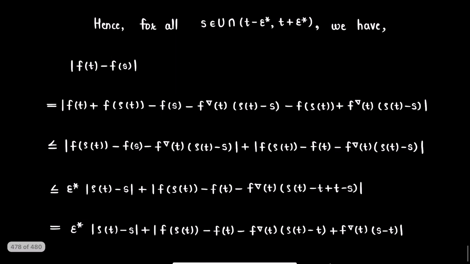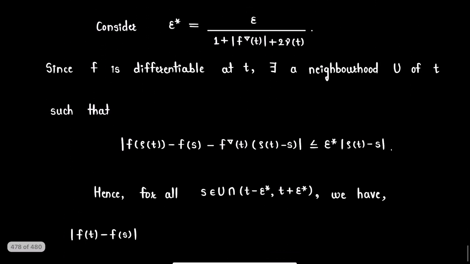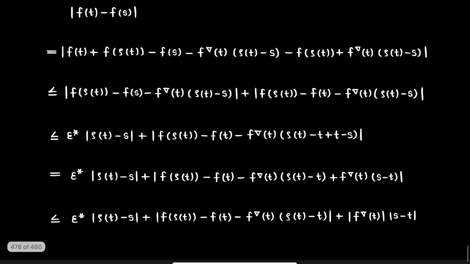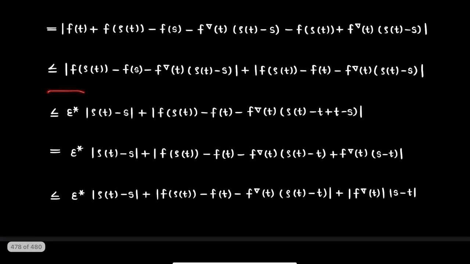Now observe this first term. From this condition, we get this first term is less than or equal to epsilon star multiplied by modulus of ρ(t) minus s. So this expression is less than or equal to epsilon star multiplied by modulus of ρ(t) minus s, plus modulus of f(ρ(t)) minus f(t) plus f^∇(t) multiplied by, in this term we will add and subtract t.